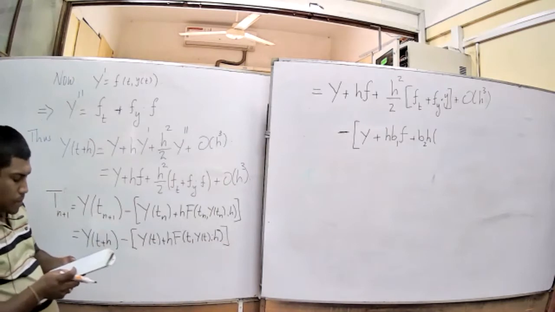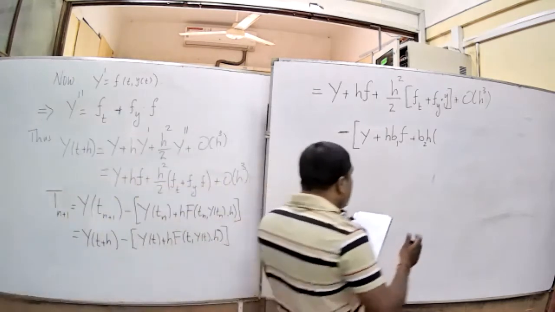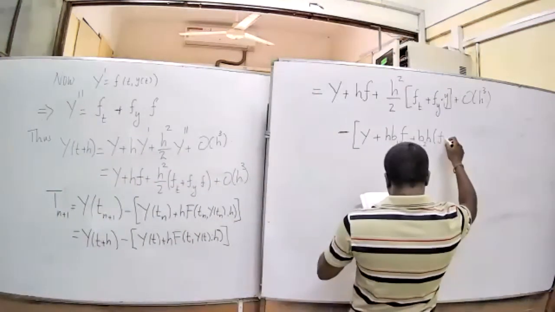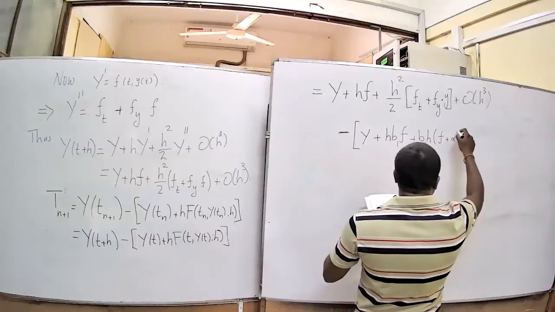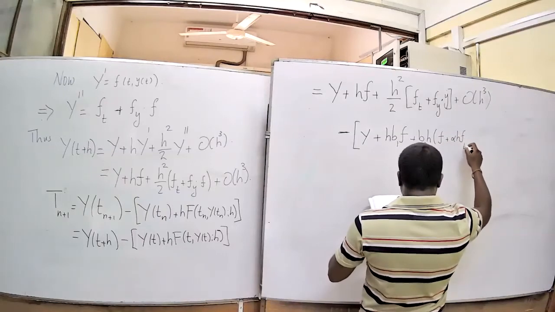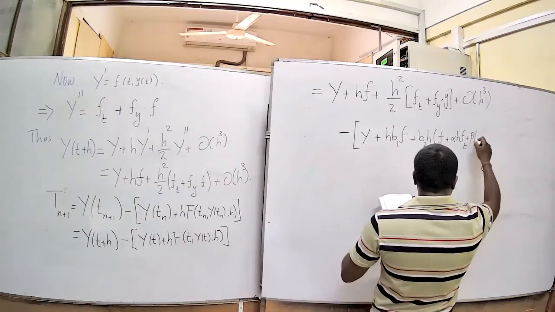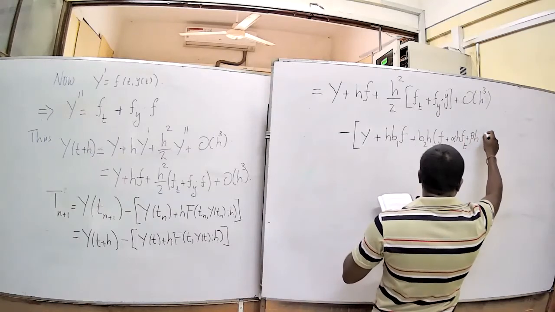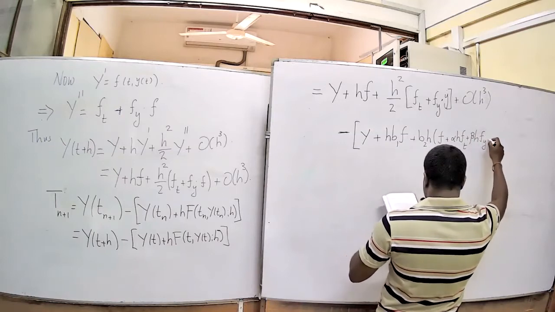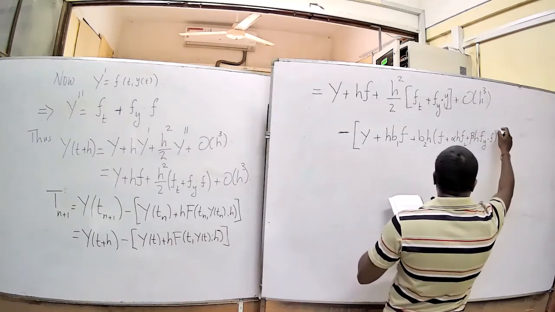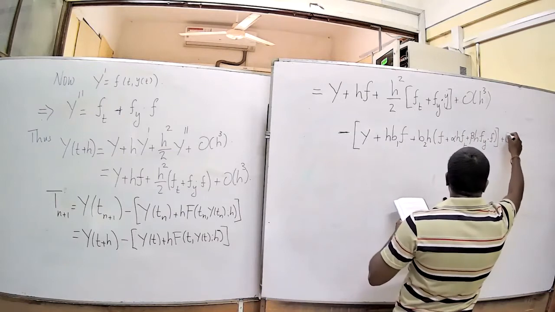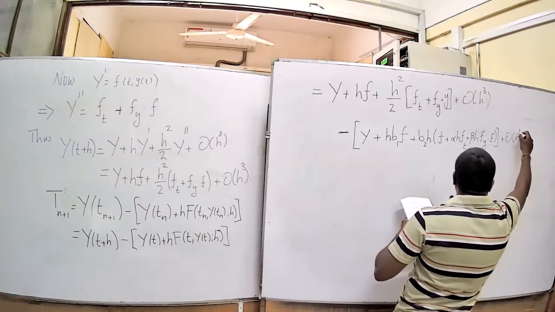So you put the expansion there, right, so that is f plus alpha h f of t plus beta h f of y dot f, and then plus again an order of h cubed.